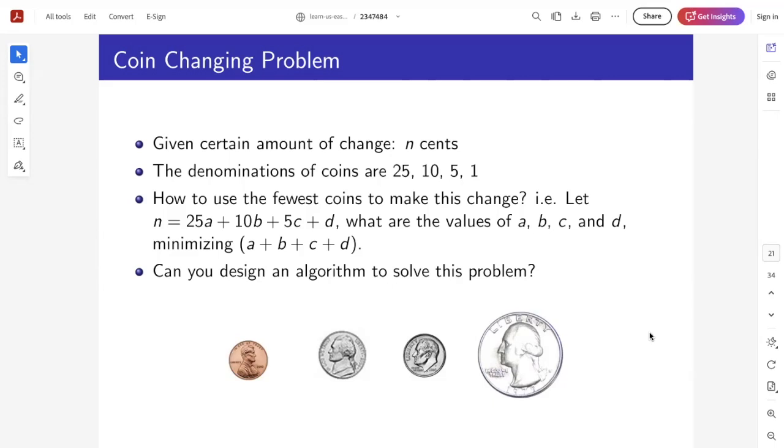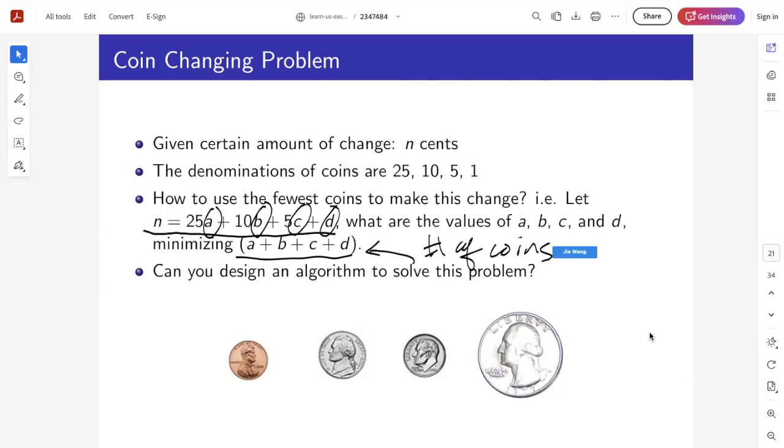How do we use the fewest coins to make this change? What we talked about earlier is equivalent to saying this. The number of cents n is, now we want to use quarters first, so that will be 25 times A, and then B many dimes, 10 times B, C many nickels, 5 times C, and D many pennies. Add these up, and that is the number of coins.